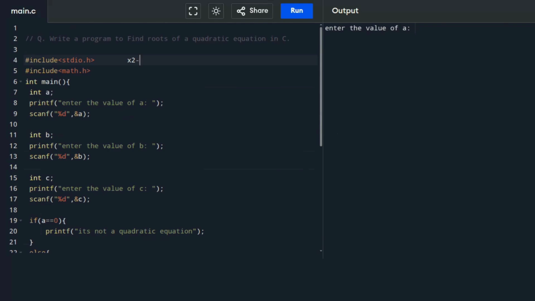Let's say x square minus 7x plus 10. So the roots are 5 and 2. So the value of a is 1, the value of b is minus 7, and the value of c is 10. The roots will be 5 and 2.